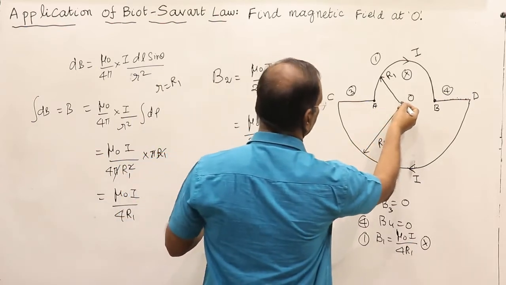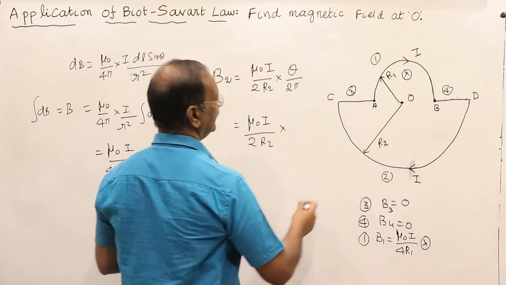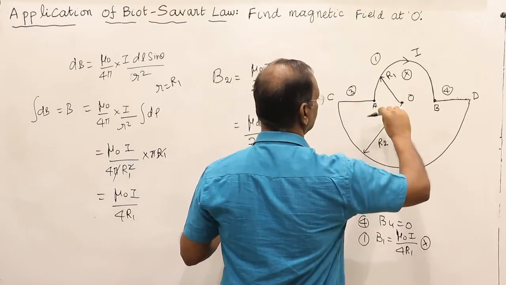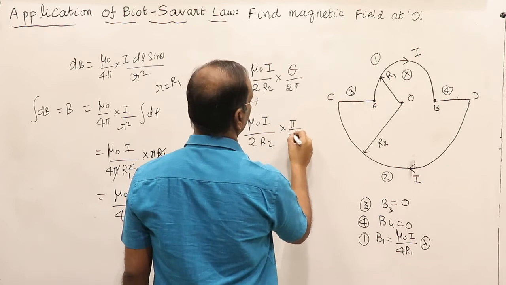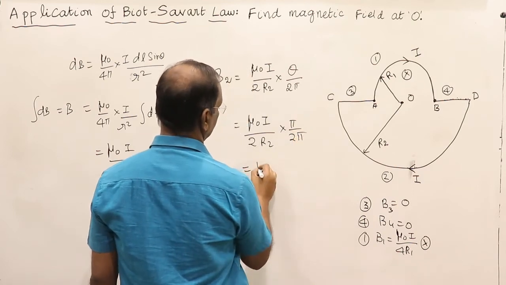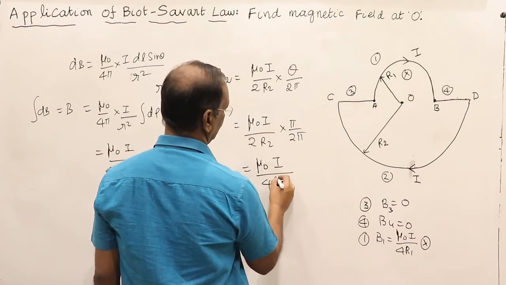What is the angle subtended by this semicircle at the center? It is pi, 180 degrees, because it is coming like this. That is pi divided by 2 pi, so it is equal to mu naught I divided by 4 r2.